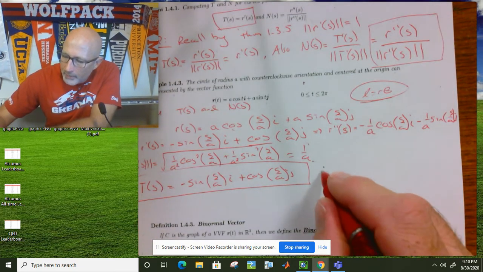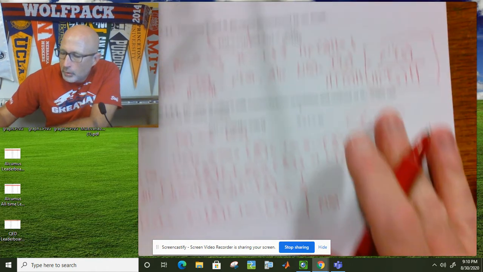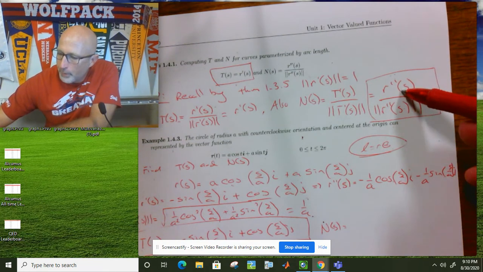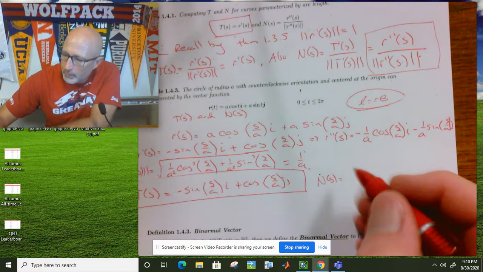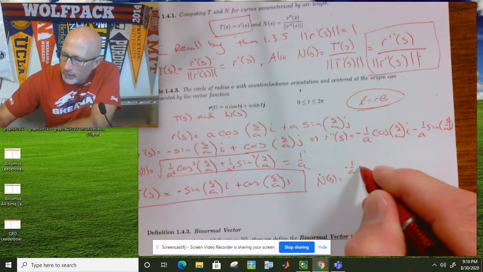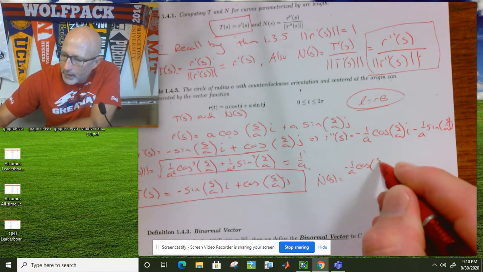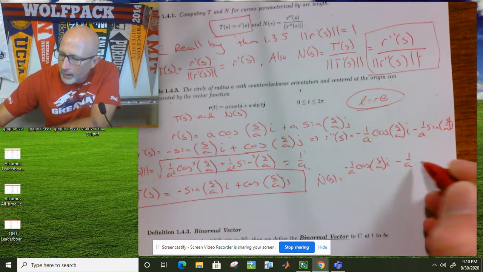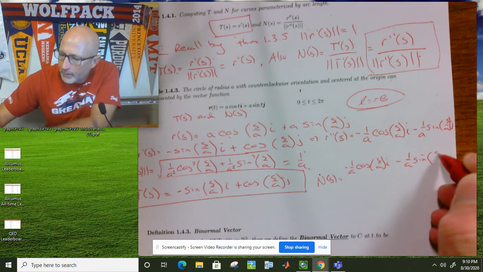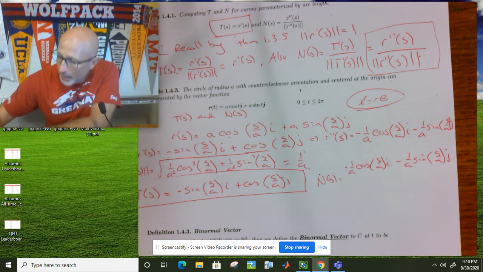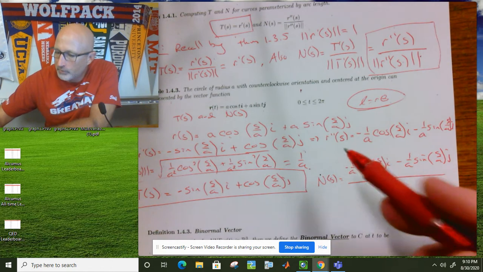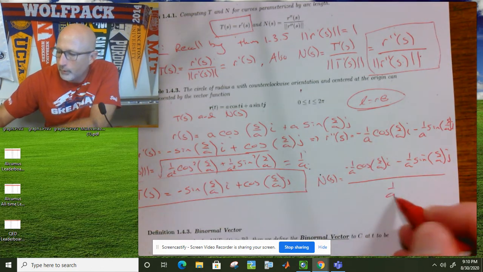Now for N of s, I'm going to utilize this formula. R double prime of s, which is negative 1 all over a times cosine of s all over a i minus 1 all over a sine of s all over a j, all over the magnitude of r double prime, which we figured out was 1 all over a.